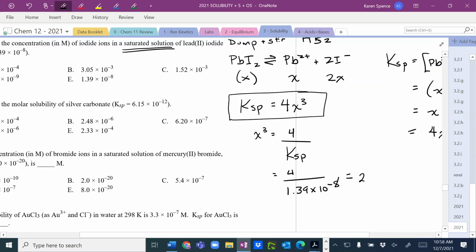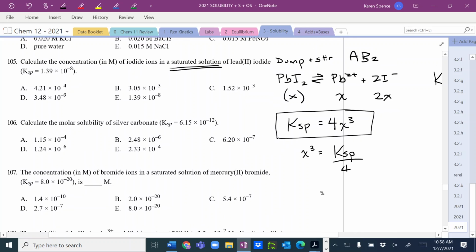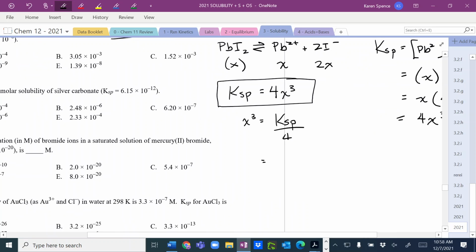No, I did not. It's KSP divided by 4. Silly me. KSP divided by 4. All right, so we have 1.39 times 10 to the minus 8 divided by 4.